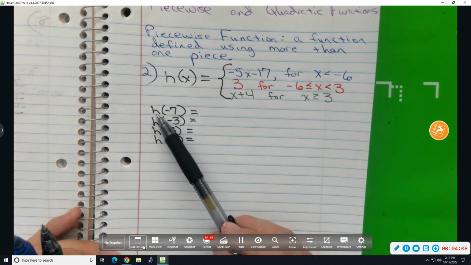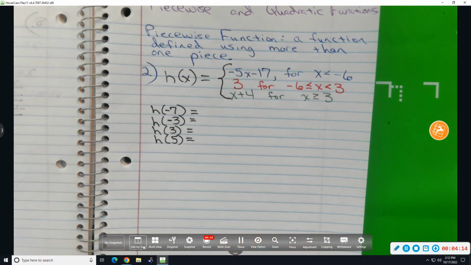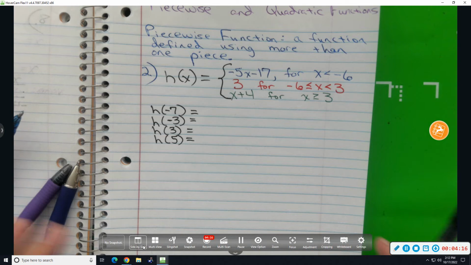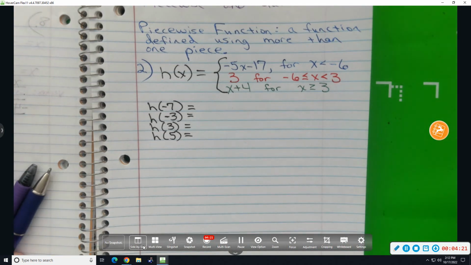That says go to the function, wherever you see an x, replace it with -7. But we have to decide which piece we're going to plug that -7 into.